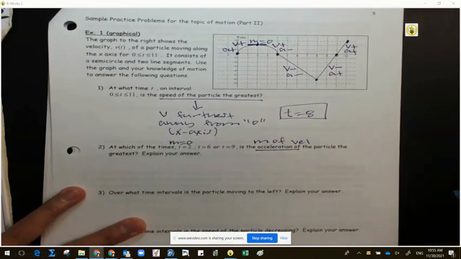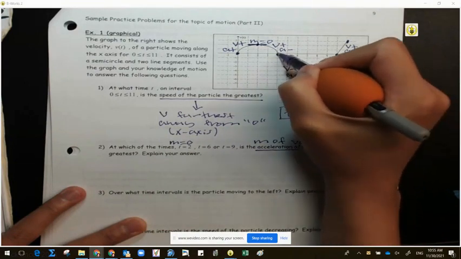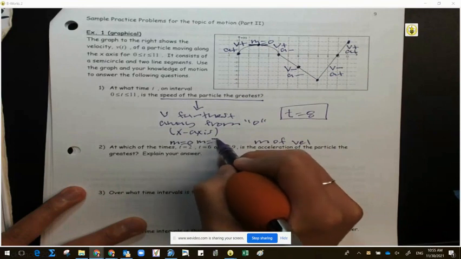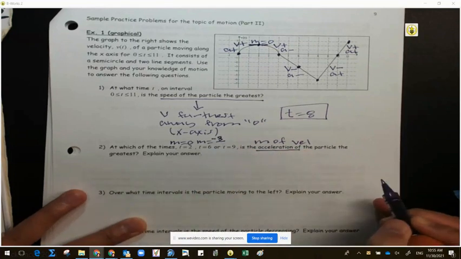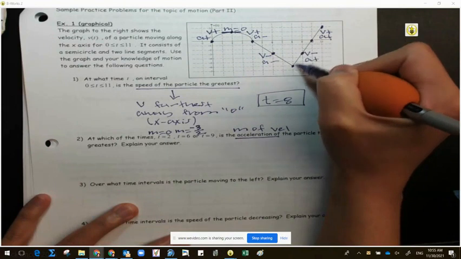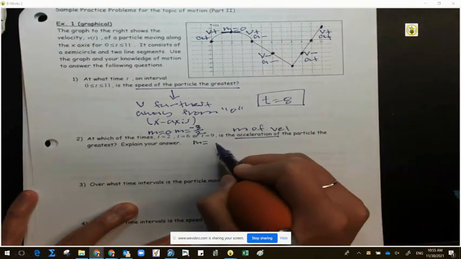When t equals 6, here's my 6 right here. What is my slope? Negative something over something. 3 over 2. You can do rise over run, right? Hopefully I'm not too worried about that. When t equals 9 is right here, what is our slope of that line? 3.